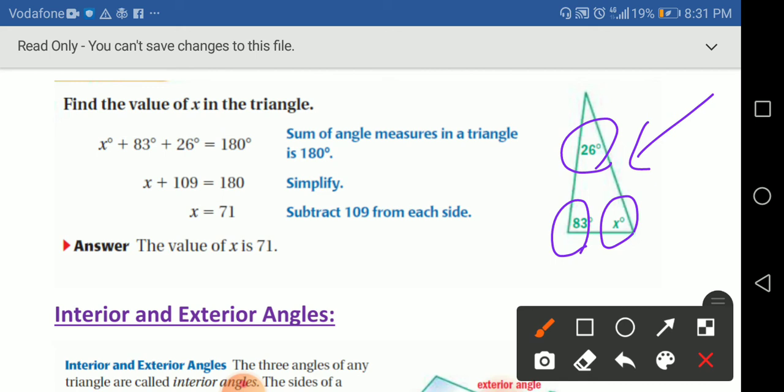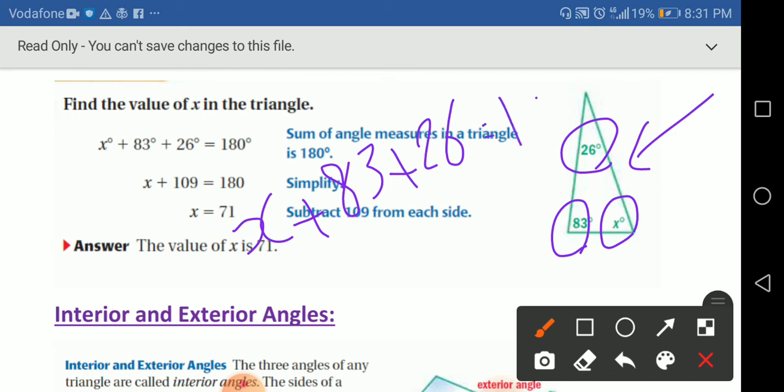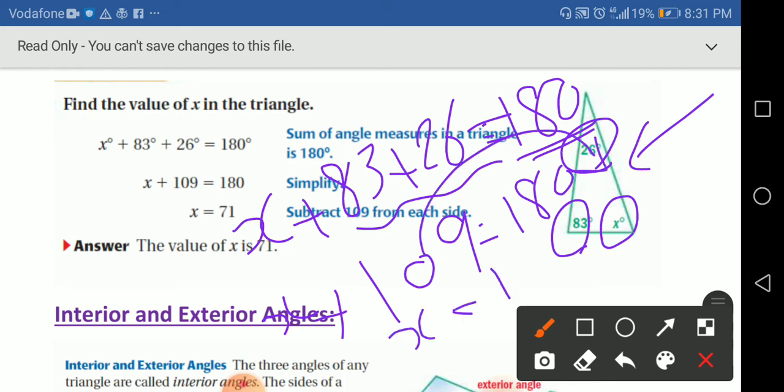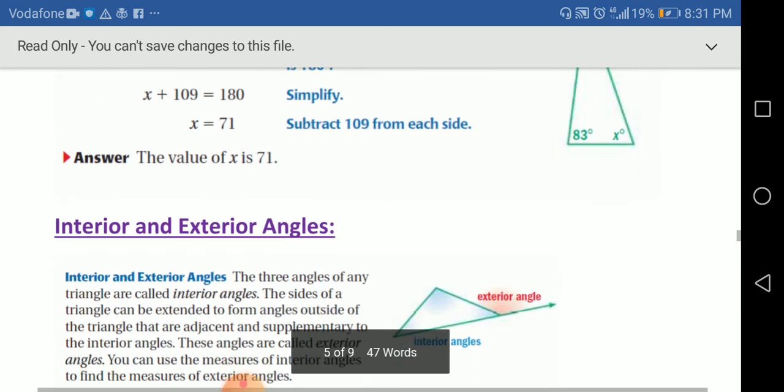So x plus 83 plus 26, I will solve it as an equation, equals 180 degrees, as I know that the sum of angle measures of a triangle is 180 degrees. I add 83 and 26, 109 plus x equals 180. 109 will go to the other side by which sign? By negative sign. So it will give me 71. The measure of angle x is 71.